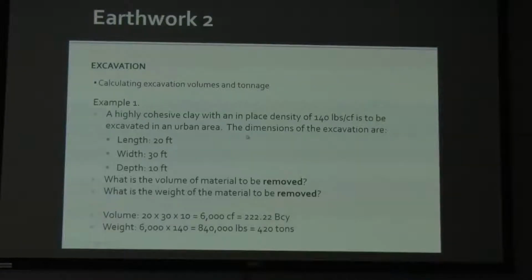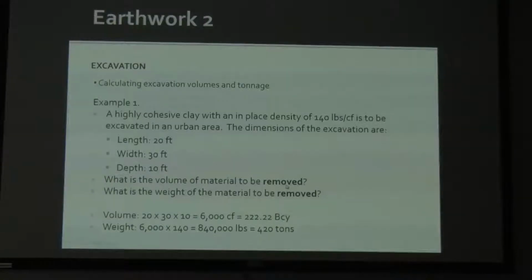Before we go any further, would this be considered a trench? Well, clearly not, because its length does not far exceed the dimensions of the width or the depth. As a matter of fact, in this case, the width of our excavation has a larger dimension than the length itself. So we have a depth of 10, width of 30, and a length of 20 feet.